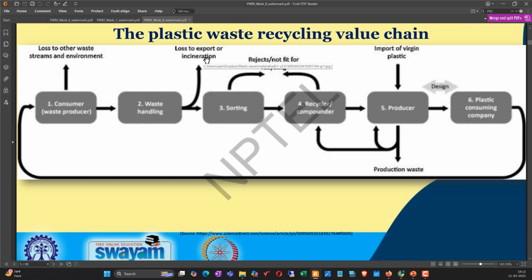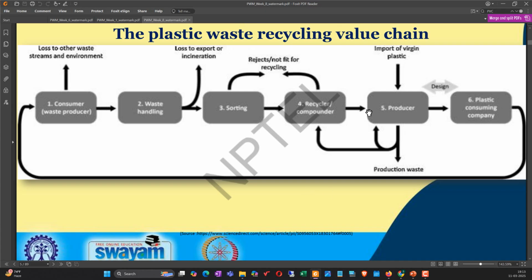Sometimes you will have loss to export or incineration, and then there is sorting. After sorting there will be recycling compounders. The rejects, which are not fit for recycling, will be rejected, right? And mostly these products will go for another way of managing the plastic waste, right?